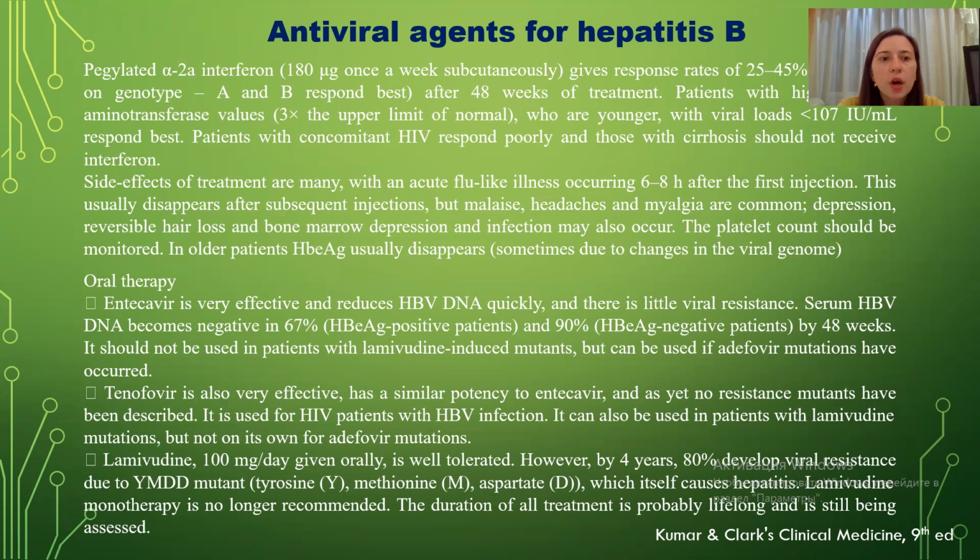Patients with higher serum aminotransferase values who are younger, with viral loads less than 10^7 IU per milliliter, respond best. Patients with concomitant human immunodeficiency virus respond poorly, and those with cirrhosis should not receive interferon.